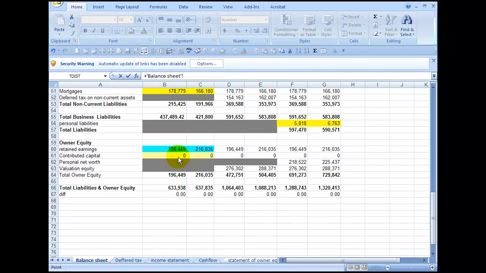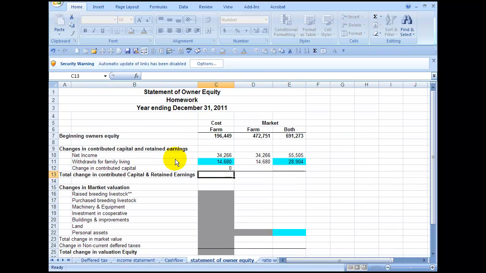Here's our contributed capital, and it would be the ending amount minus the beginning amount. And it's going to be the same amounts for there. A lot of times, like I said, we'll leave this off because it may be 0, but I just wanted to show you how to do it if you wanted to.